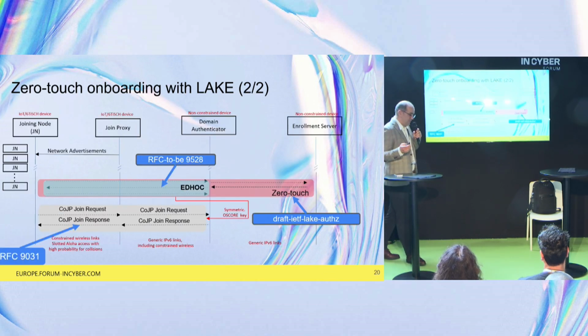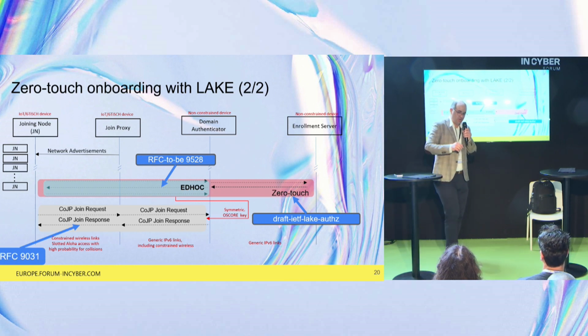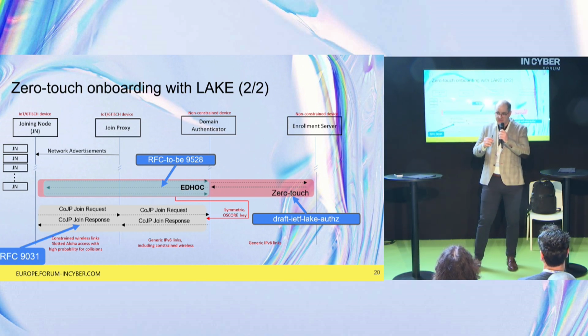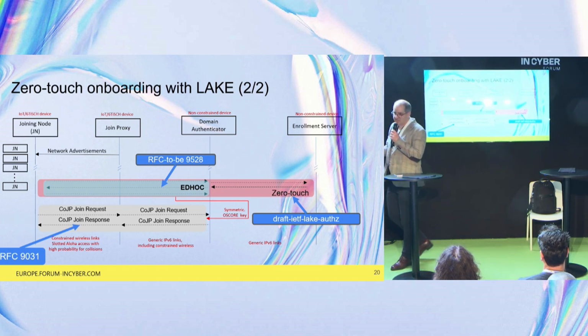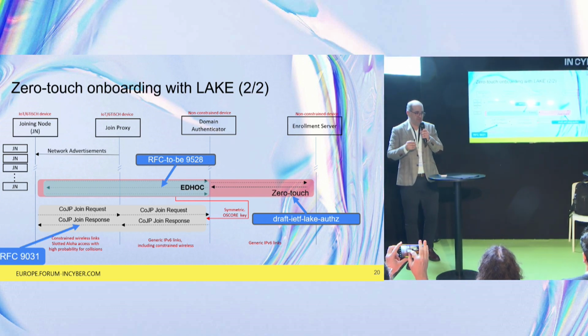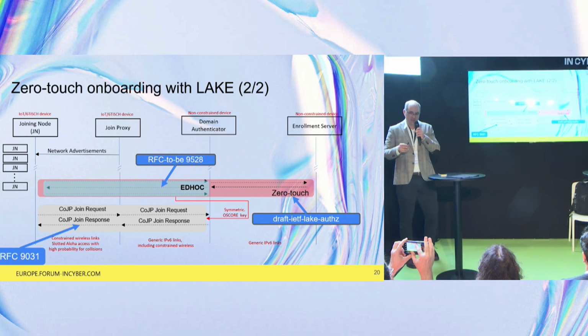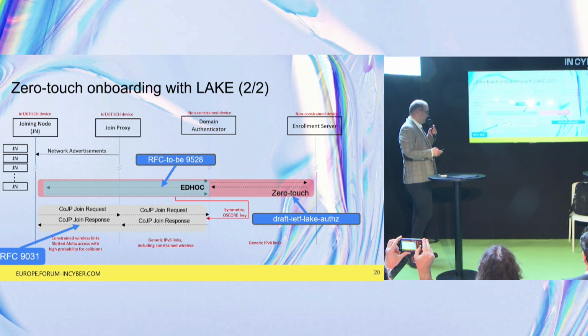What I want you to gather from this slide is that ad hoc is not the only standard in the IETF that is currently being worked on. There exist other standards that are completing the picture of a lightweight security for Internet of Things. And ad hoc is one of these pieces, important, but one of those pieces.